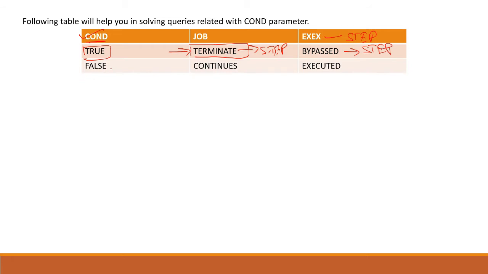If it is false, means the COND parameter is false in the job, then your job will continue to run, from the first step to the second step to the third step to the fourth step, and check the condition for each step. Okay, and if COND is false for any step, then that step will be executed.